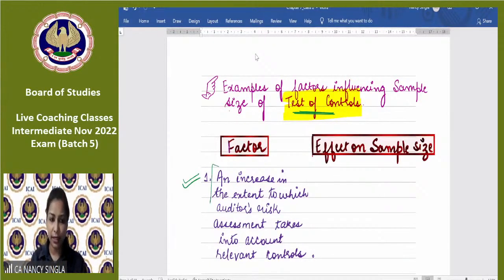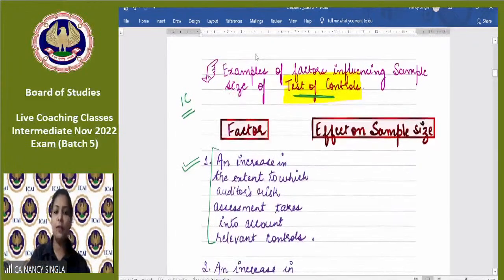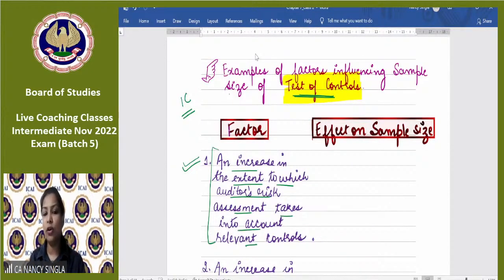Now, first factor, in case of internal control, the auditor is doing audit sampling with respect to testing of internal controls of an organization. Now, the first situation: an increase in the extent to which the auditor's risk assessment takes into account relevant controls.